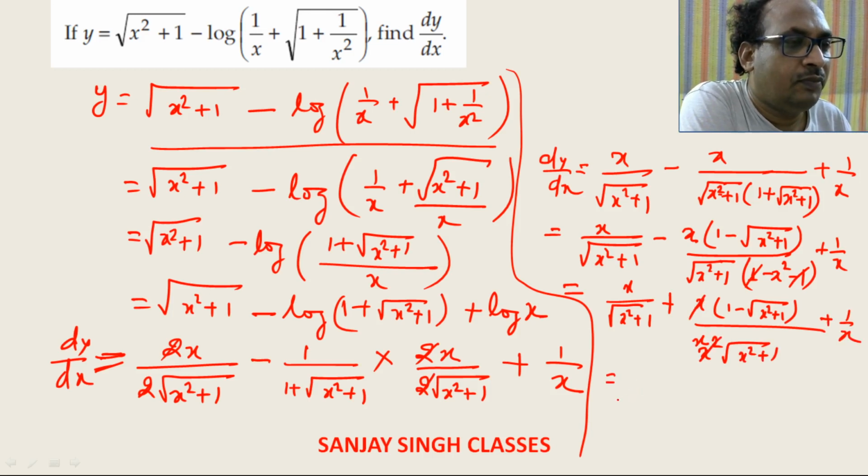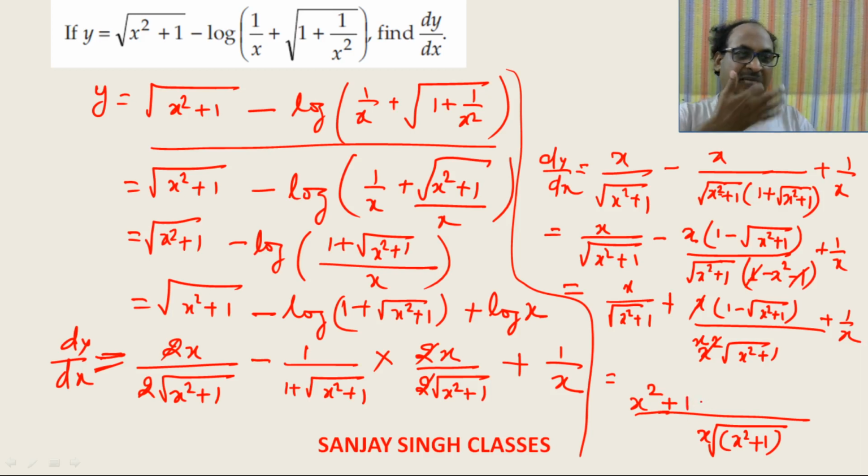Further, now the denominator part, what we have got is x into x square plus 1, that is the square root. So this will be the LCM, and here we will be getting, x we need to have, so it will become x square plus 1, minus whole root x square plus 1 and plus whole root x square plus 1, right.